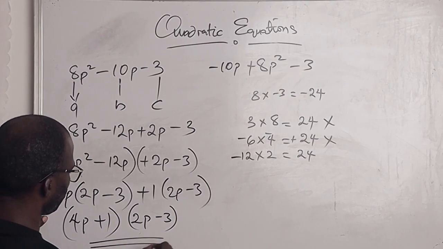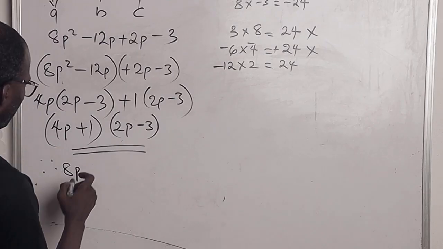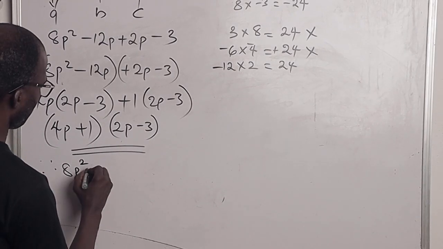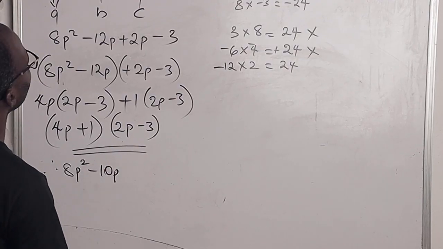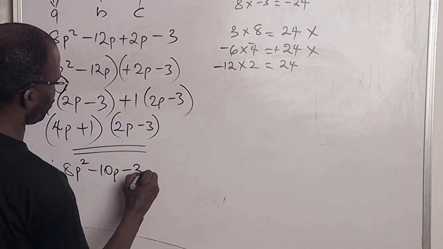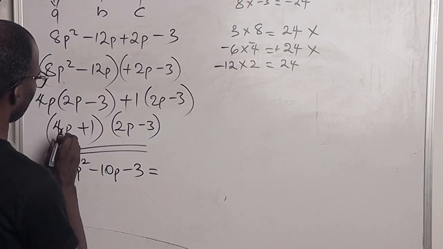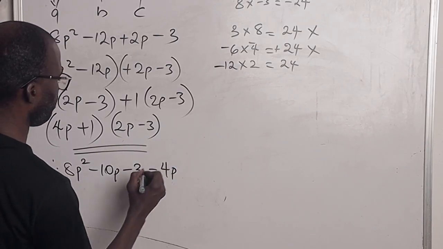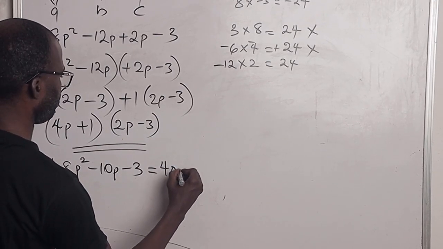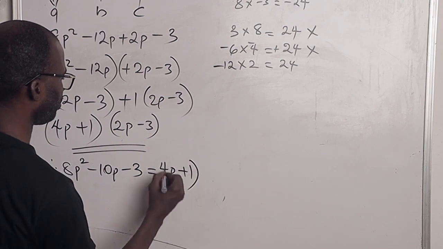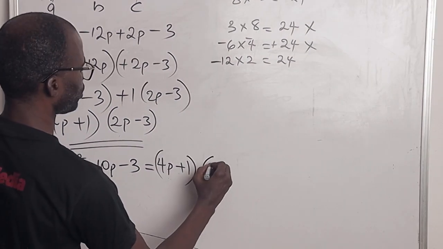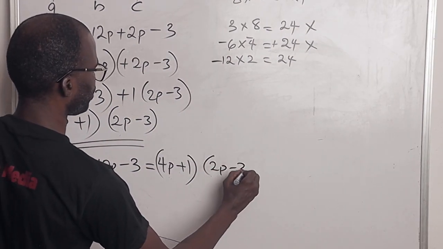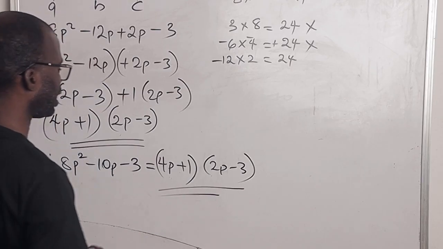So this is what you are looking for. So therefore, 8p squared minus 10p minus 3 is equal to 4p plus 1 in bracket, 2p minus 3. So that's your final answer.